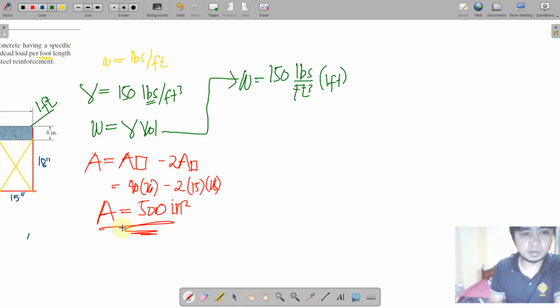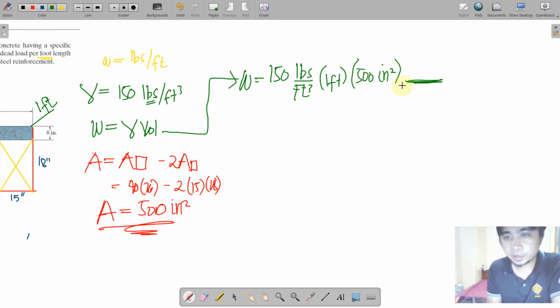However, the derived area here is in terms of inches. Of course, we still opt to place that one, 500 inches squared. To be consistent in the units, we convert this into square foot. What is the conversion factor?